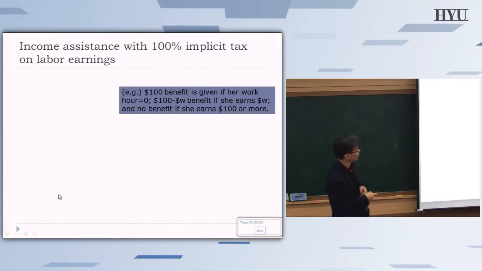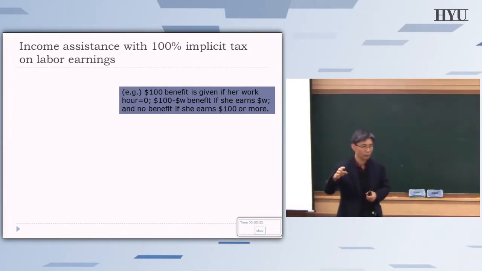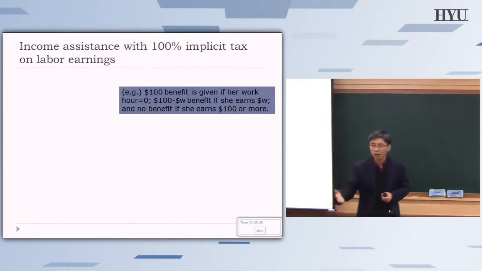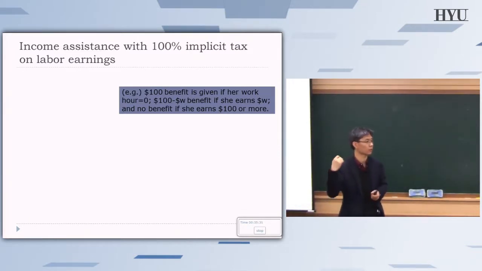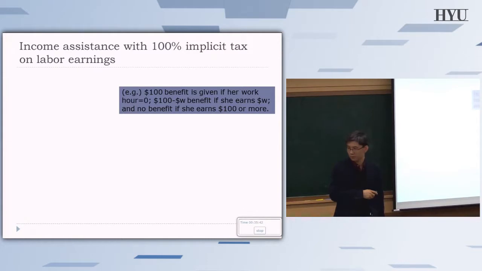For example, something like this: a $100 benefit if her work hours are 0, which means that her income is 0. If we look at how much income they make, and if their income is none, we give that person $100. Then if the person earns their own income, we do not give the full $100. We deduct it because this person has his or her own income. So if the person makes $50, we give her 50 only.